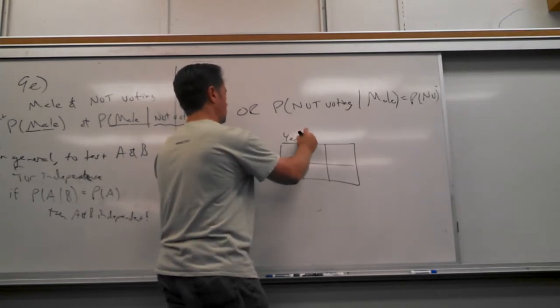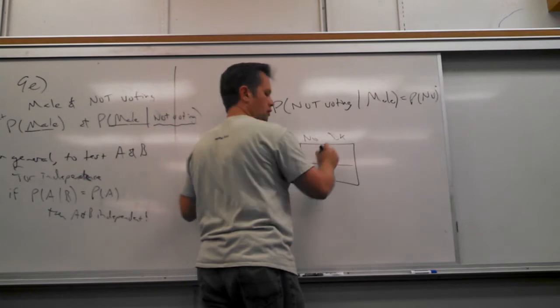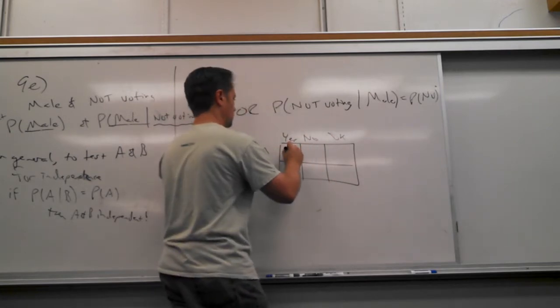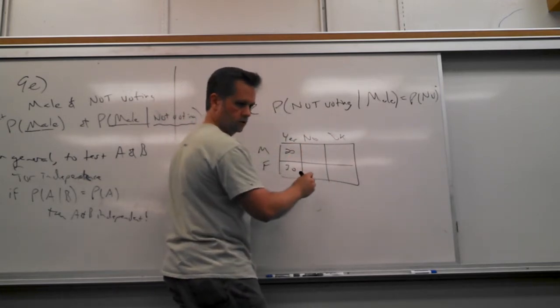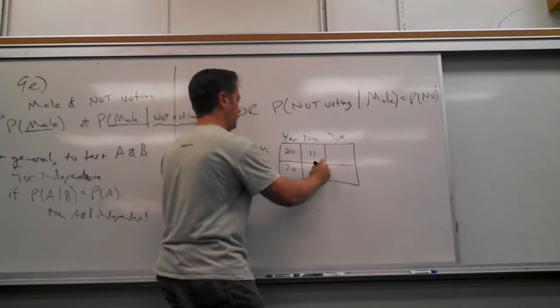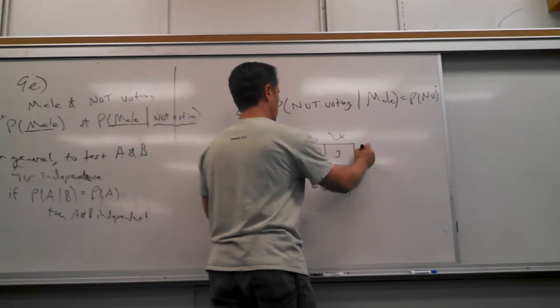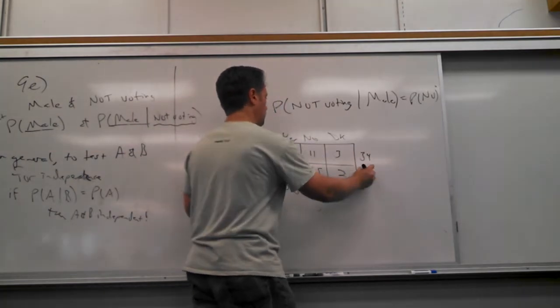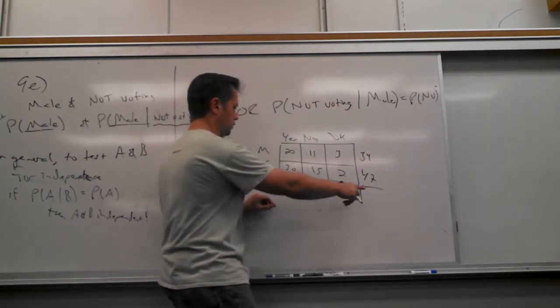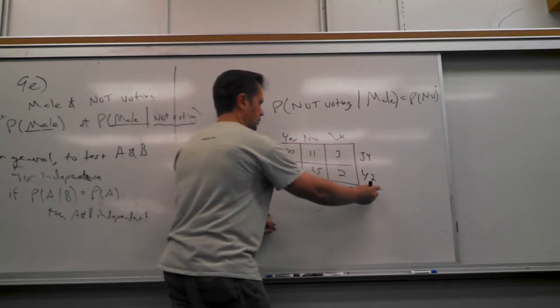Female, yes, no, don't know. 20, 30, 50, 11, 15, 26, 3, 2, 5, 4, 47. Either way you look at it, it should add up to be 81.